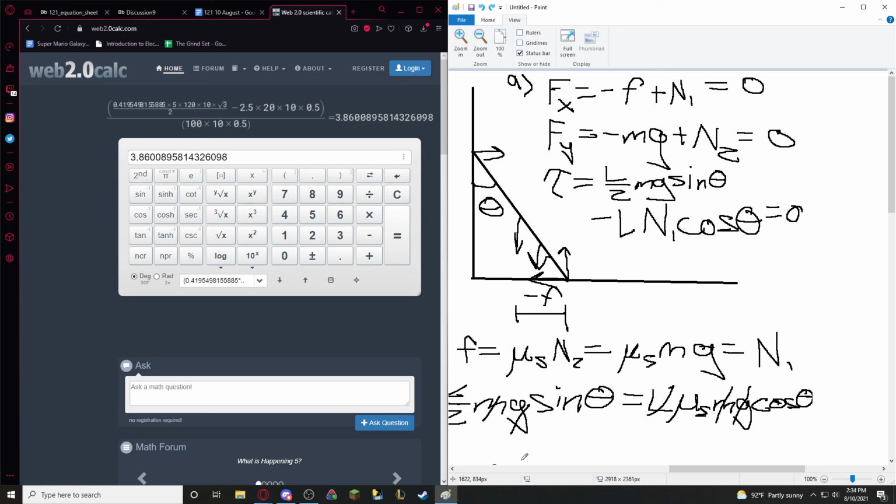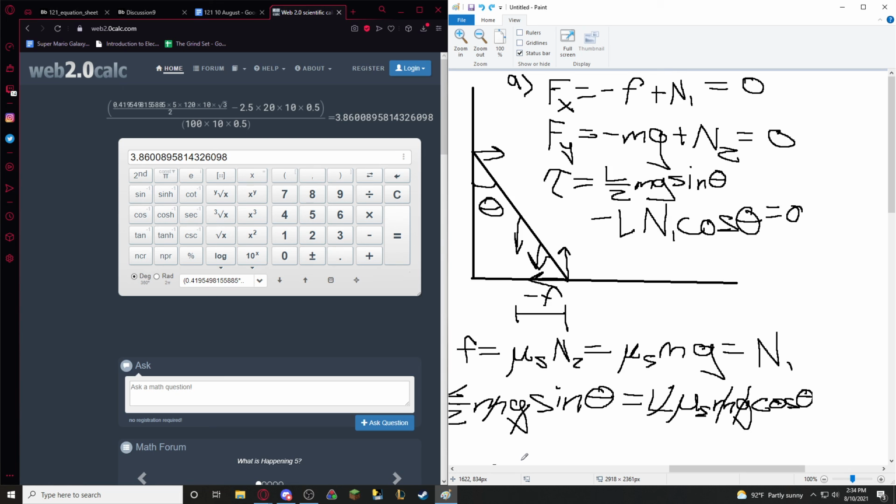What I'm just getting a little confused about is that torque equation.